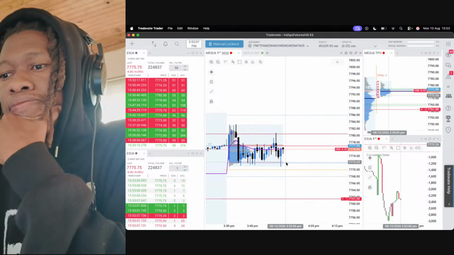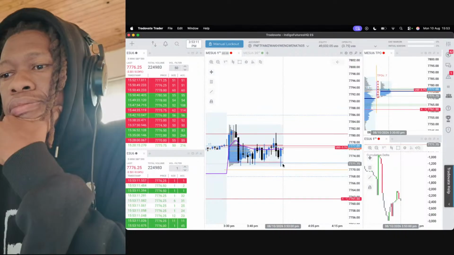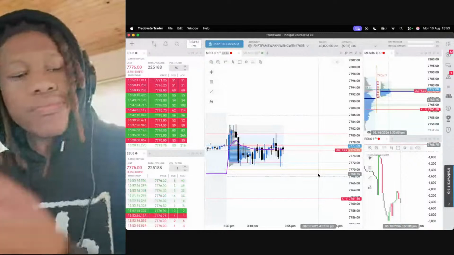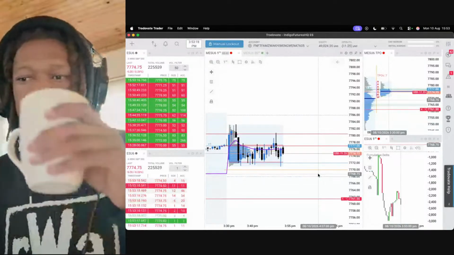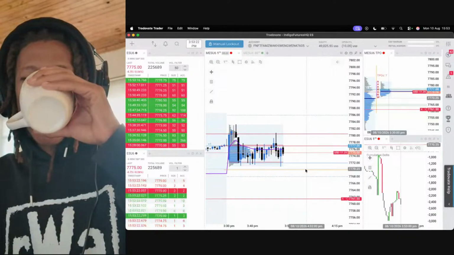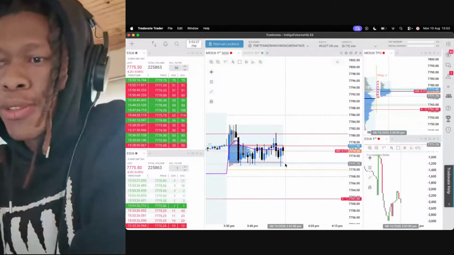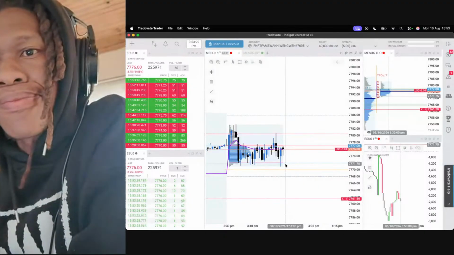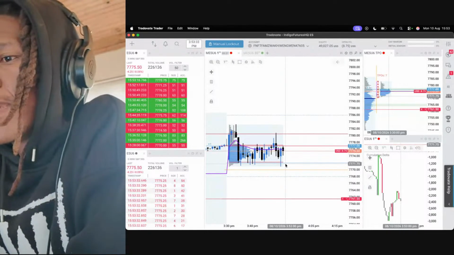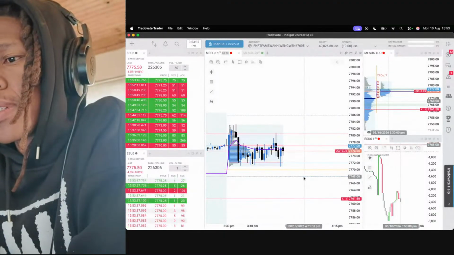So if we do break through the overnight point of control, then that's going to be target, right?